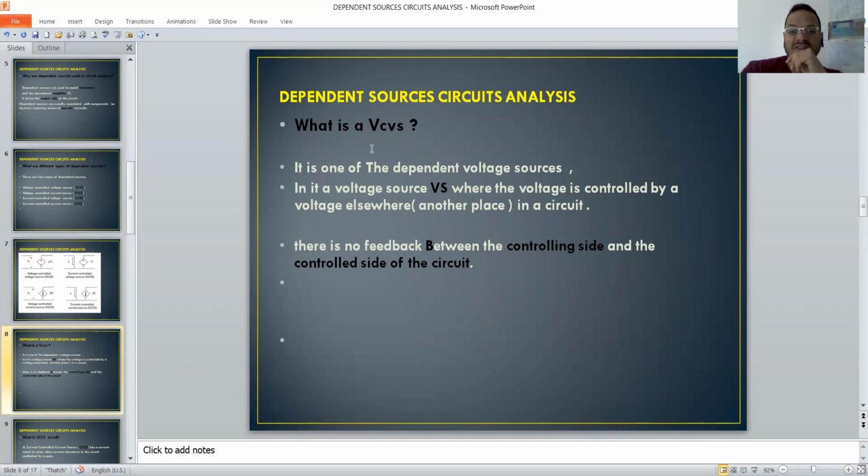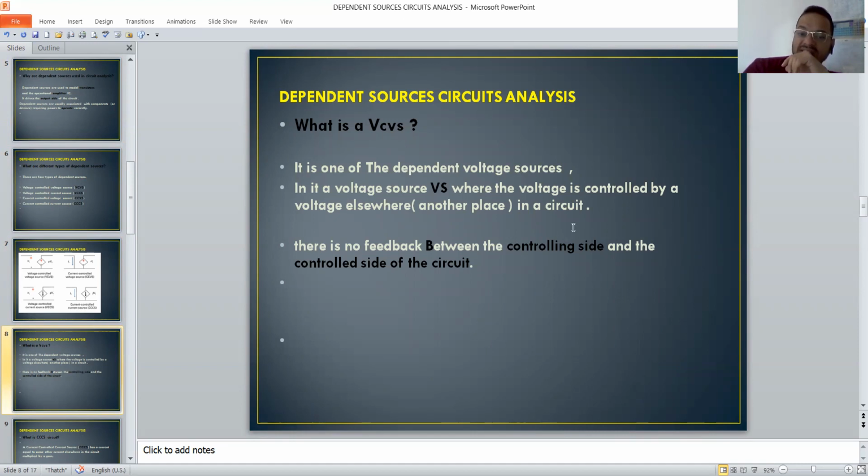What is VCVS? What does it mean? Voltage controlled voltage source. It is one of the dependent voltage sources. It is a voltage source where the voltage is controlled by a voltage elsewhere. Elsewhere means another place in a circuit.